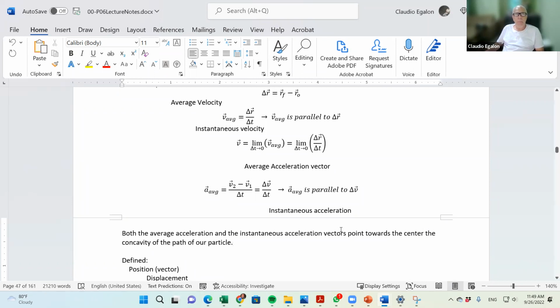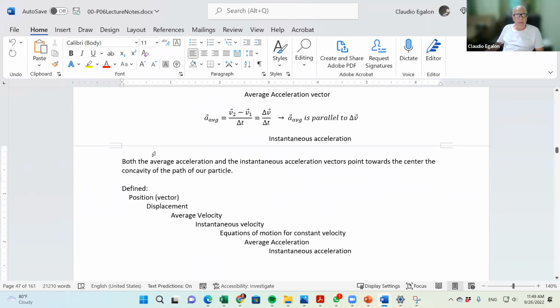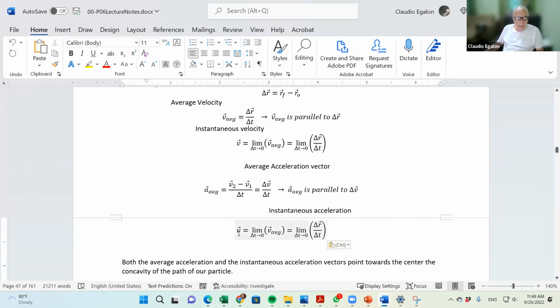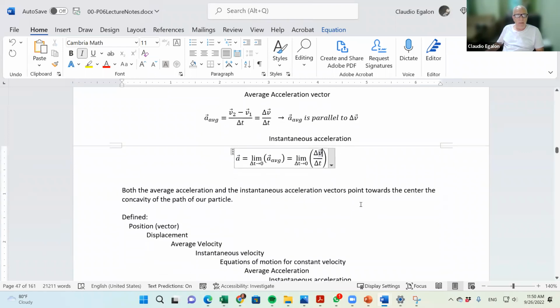And the instantaneous acceleration vector, you should already know, right? I'm going to write that down right in here. Instantaneous acceleration vector: limit as delta t goes to 0 of the average acceleration vector, delta v over delta t.